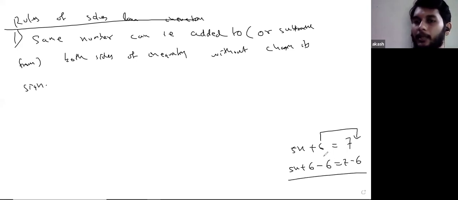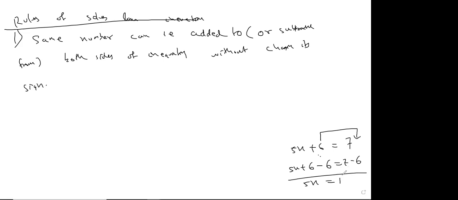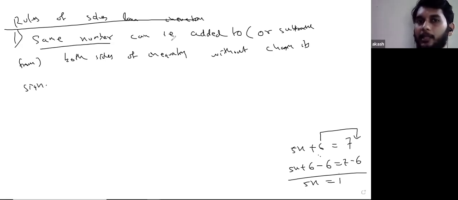We add minus 6 to both sides, and we get x equals 1. Right, Erum? Yes. Same thing can be done in inequations. Same number can be added or subtracted on both sides of the inequation without changing its sign. So you don't have to change the sign of the inequation. All right, this is the first rule.